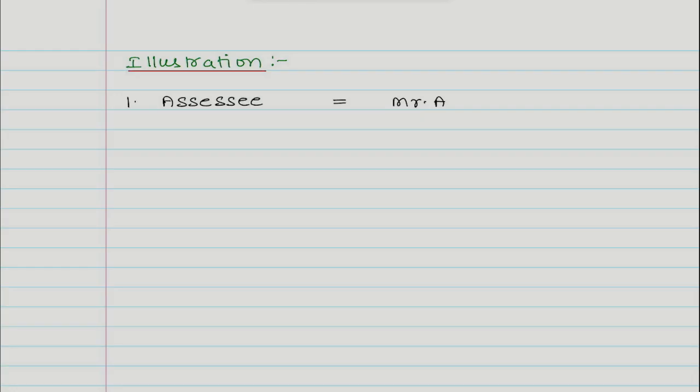Assessee is Mr. A. Joined into employment on 23rd of August 2024.